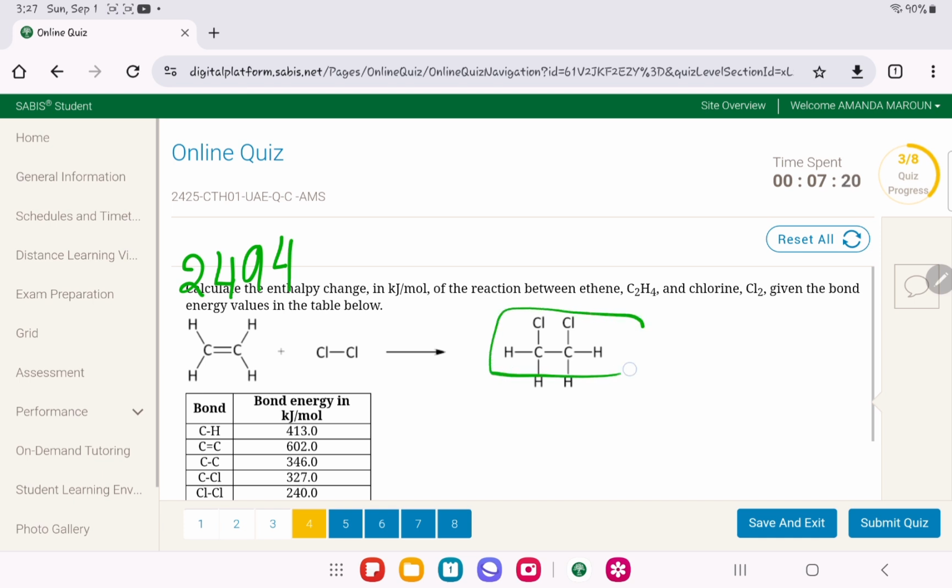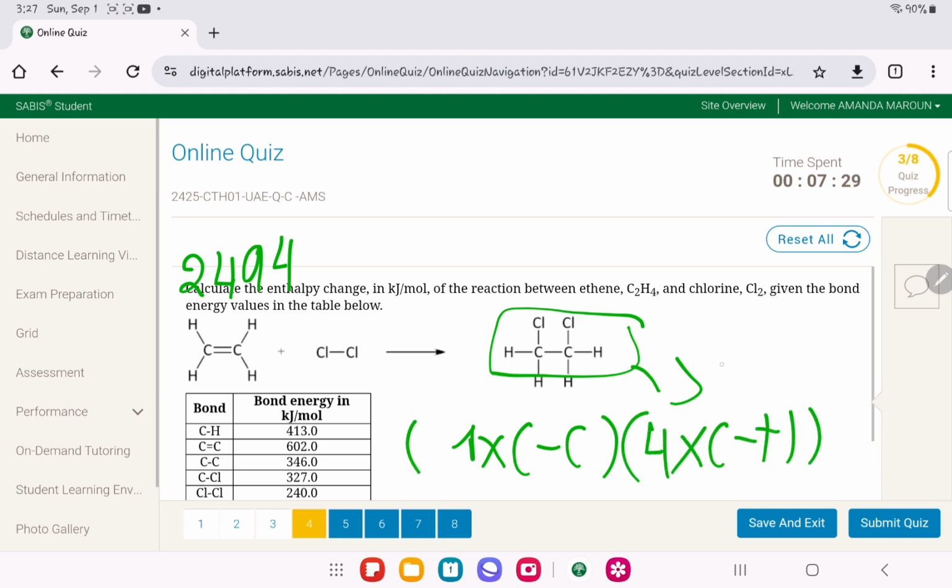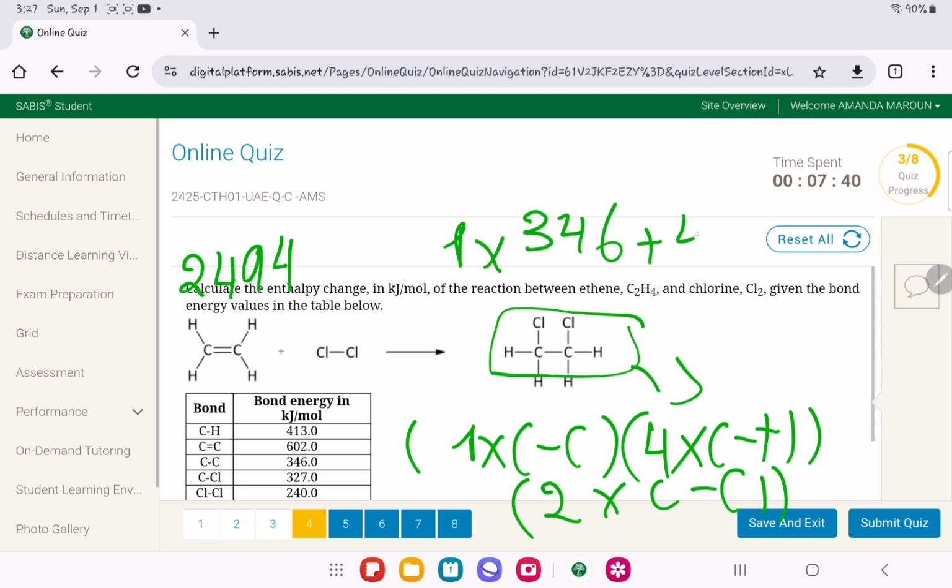Let's find the value for the products. We have 1 CC bond, we have 4 CH bonds, and we have 2 CCl bonds. So that means we're going to have 1 times 346 plus 4 times 413 plus 2 times the CCl, which is 327.